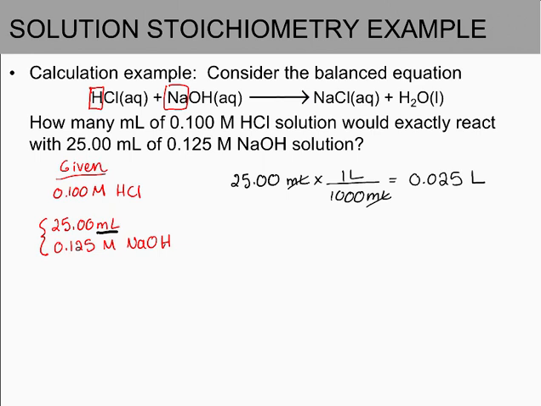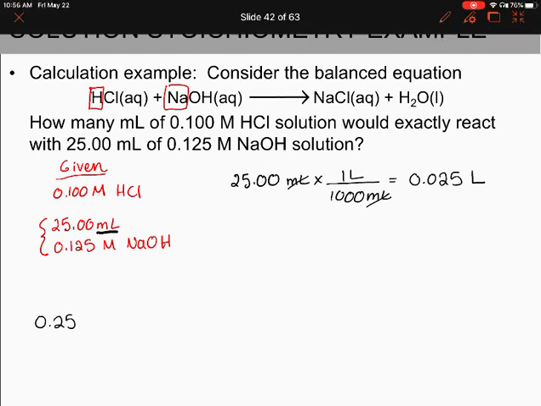All right, so now we can start our calculation. Oh, I forgot a 0. All right, so we have 0.025 liters of the NaOH solution.